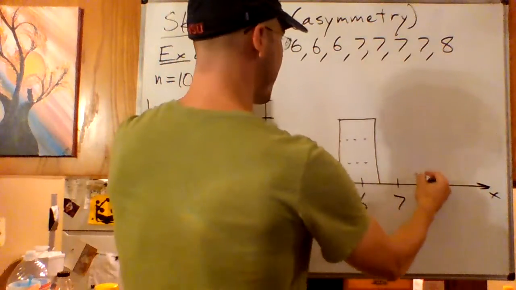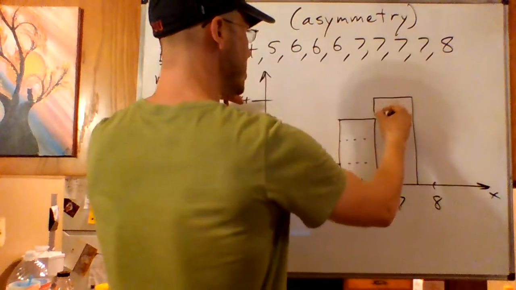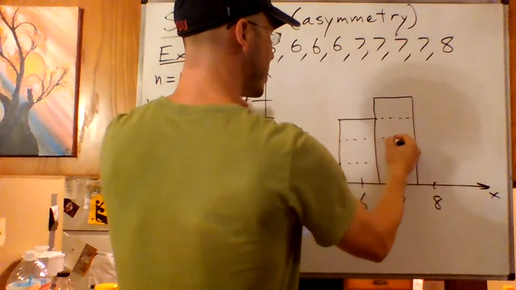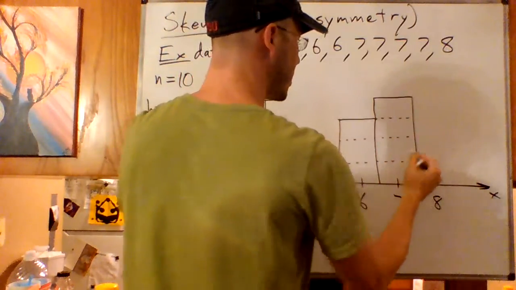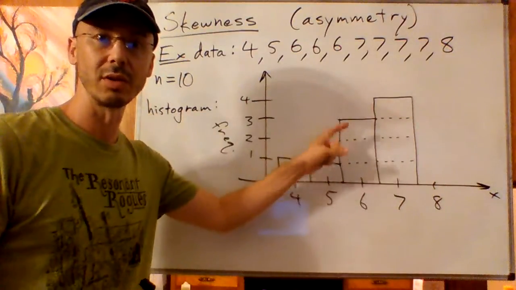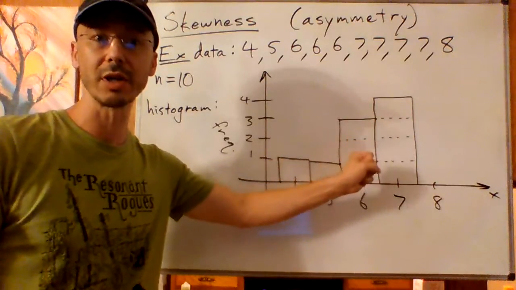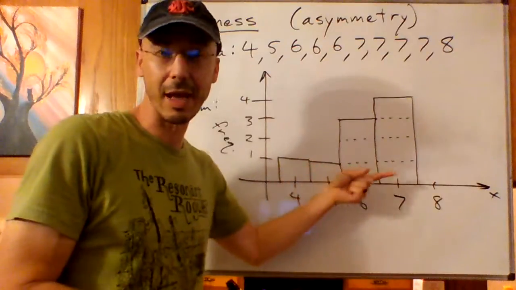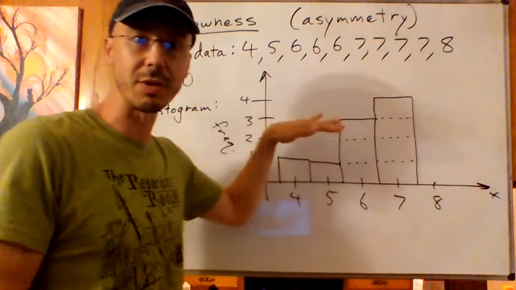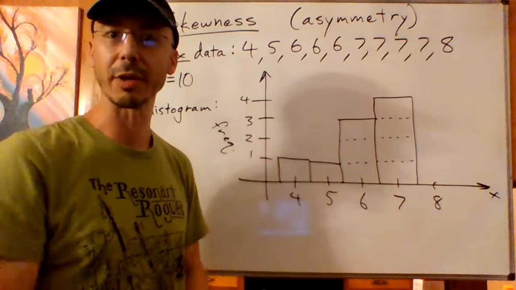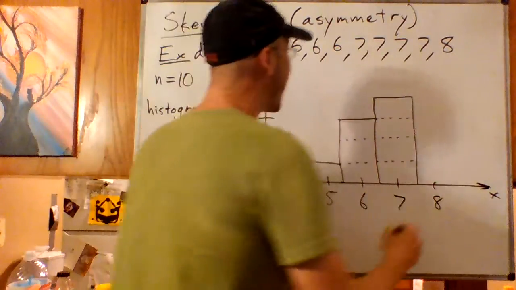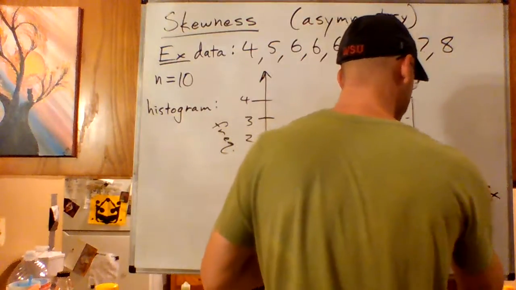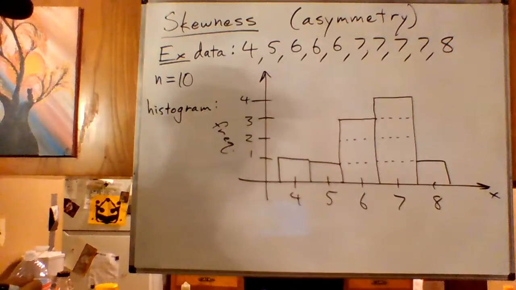There are 4 7s, so that's going to be even taller. I don't really recommend these little hash marks as part of your drawing. It's easier to read it without those, but they help a little sometimes to construct. Y'all probably have lined paper. You'll be fine. And then there's a single 8 for the last block.